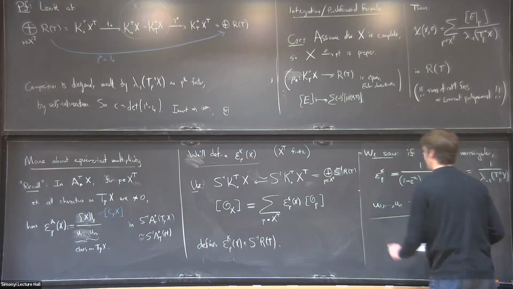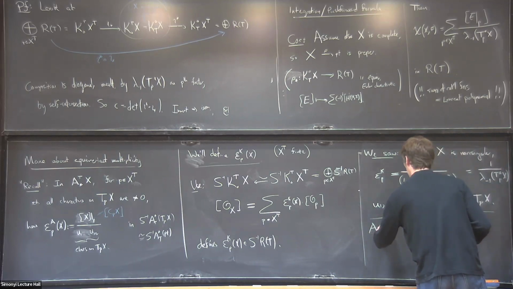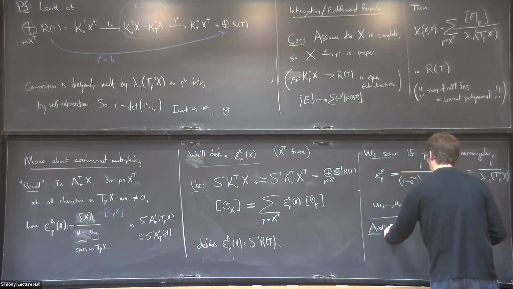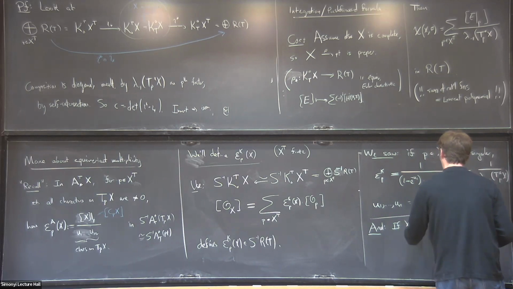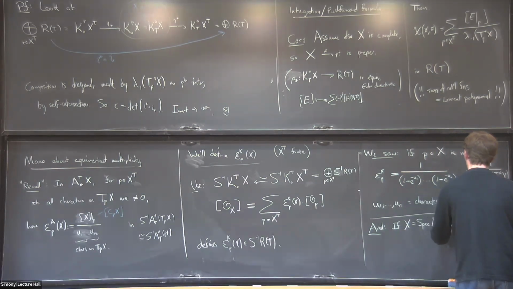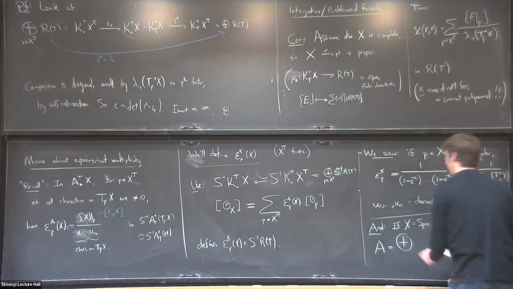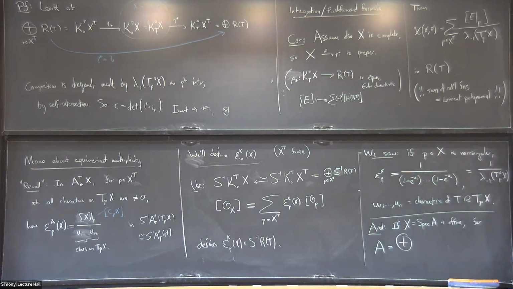And I didn't say it in this generality, but I almost indicated it. If X is affine, well, an affine variety with a torus action is the same thing as a ring with an M-grading, a grading by the character group.